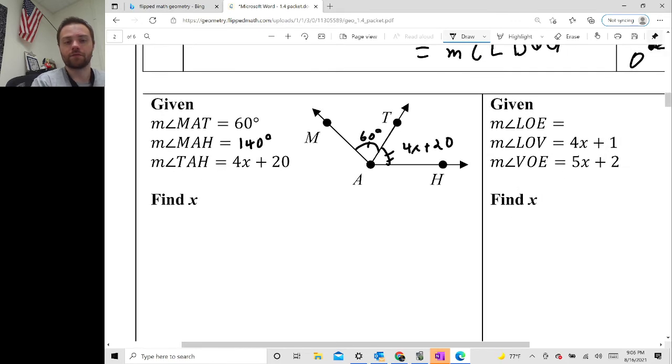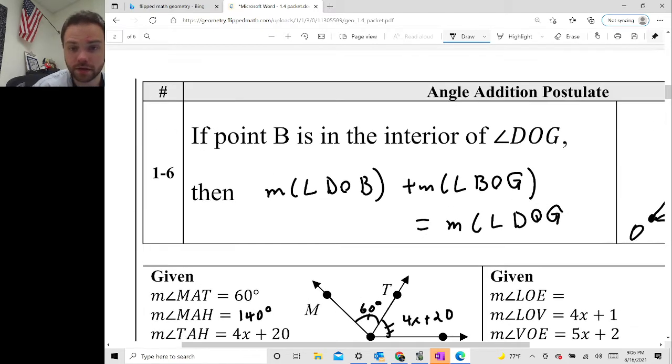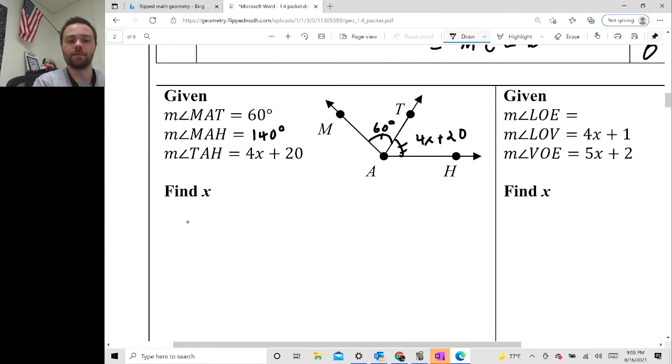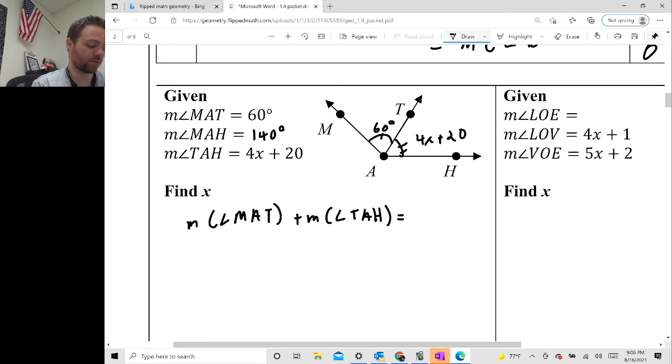So from the angle addition postulate, the measure of angle MAT plus the measure of angle TAH equals the measure of angle MAH, that entire big angle.